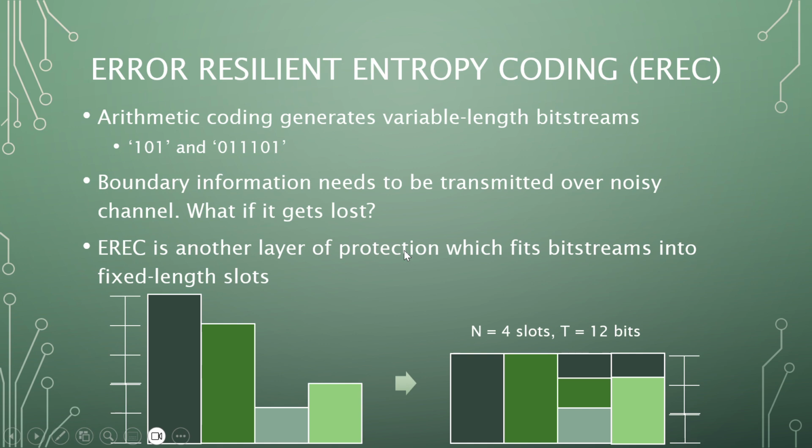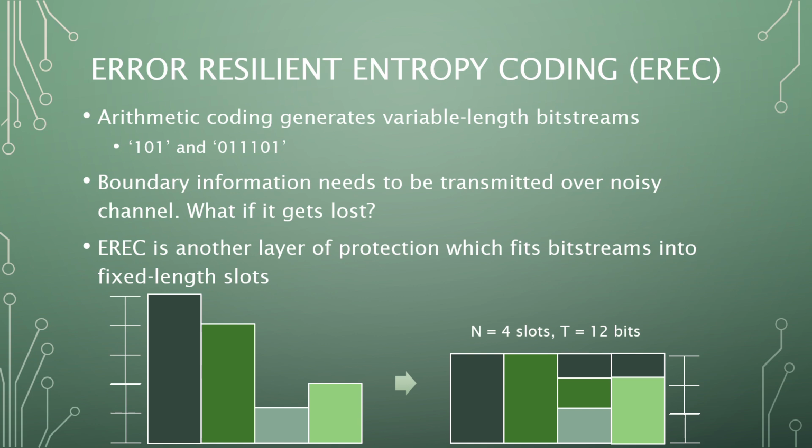Now, after the error-resilient arithmetic coding, you have variable length code words. The problem with variable length bit streams is that you must now retain the length of each separate bit stream, and those can also be susceptible to loss over a noisy channel.